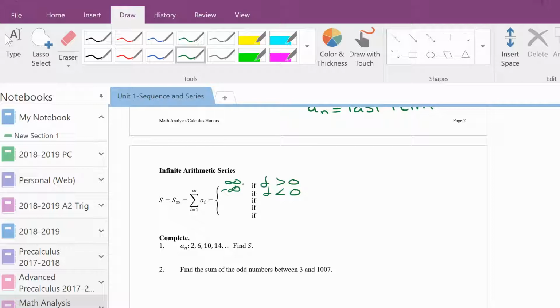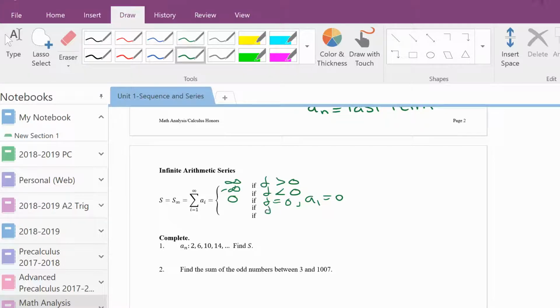But then there's a situation if the difference is 0. Now, if the difference is 0, it'll depend on what the first term is. Let's say the first term is also 0. So you just keep adding 0, then the infinite sum would be 0.